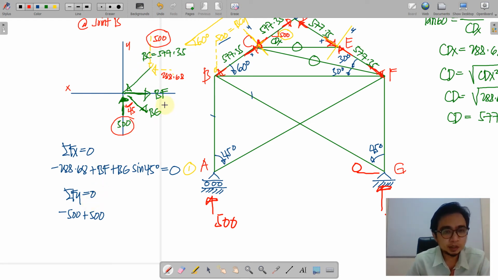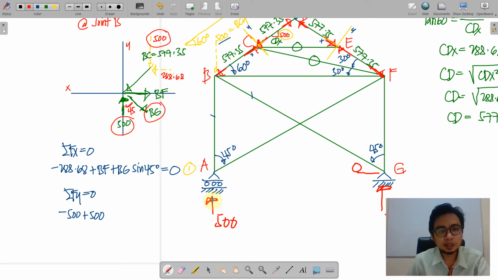So the implication is that BG has no other value. Why? Because BF has nothing to do with the vertical. BG here is the force left for the vertical, in which 500 and 500 are already indicated here.